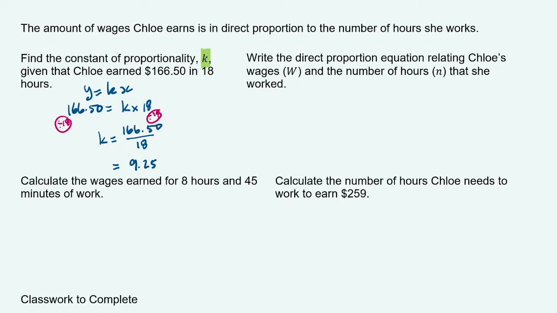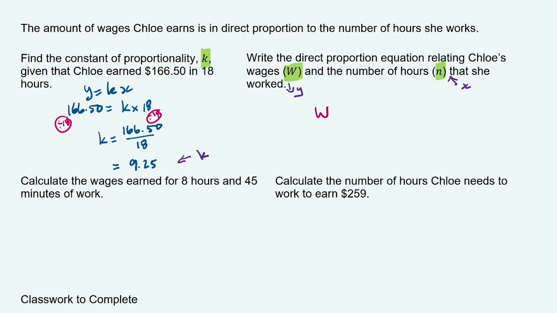What we're going to do now is use that value of K to rewrite our equation, a direct proportion equation. So W and the N are what we're going to use. That'll be Y and that'll be X, and obviously there's our K. So let's get our equation on.